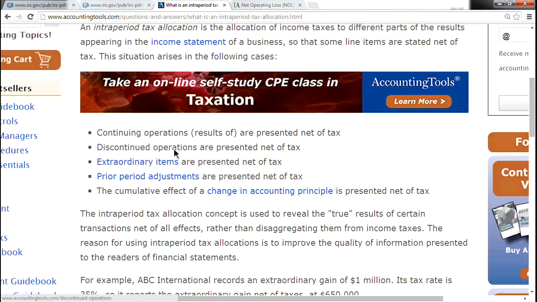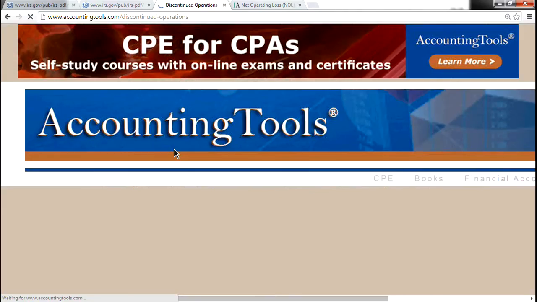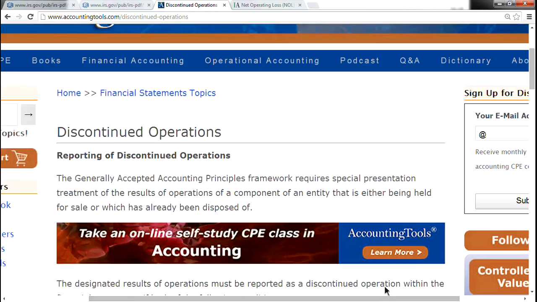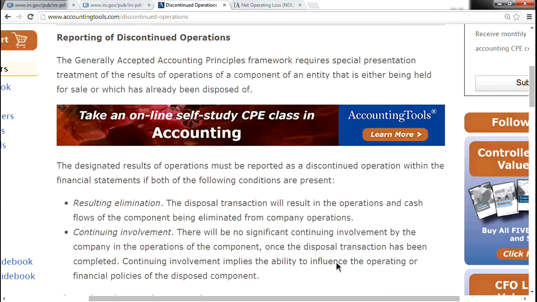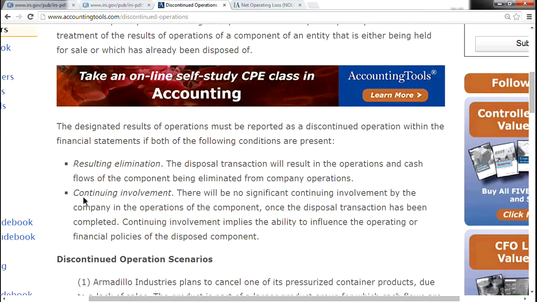Let's remind ourselves of what discontinued operations are, right? As it says here, discontinued operations in general are operations that are going to be disposed of.